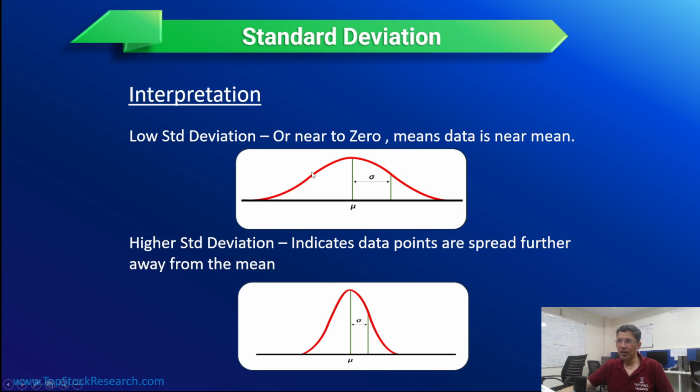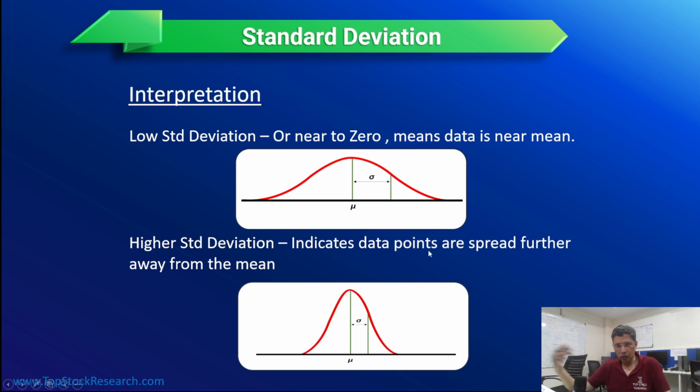The curve is much wider and more spread out. Over here, if you see the data, the data is much more scattered, which means high volatility.